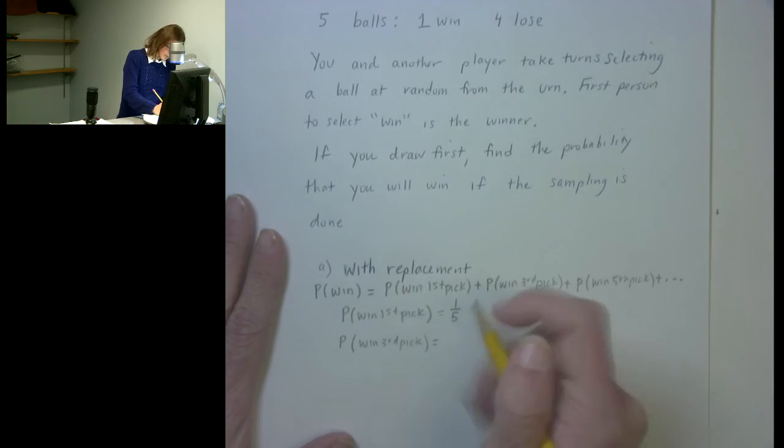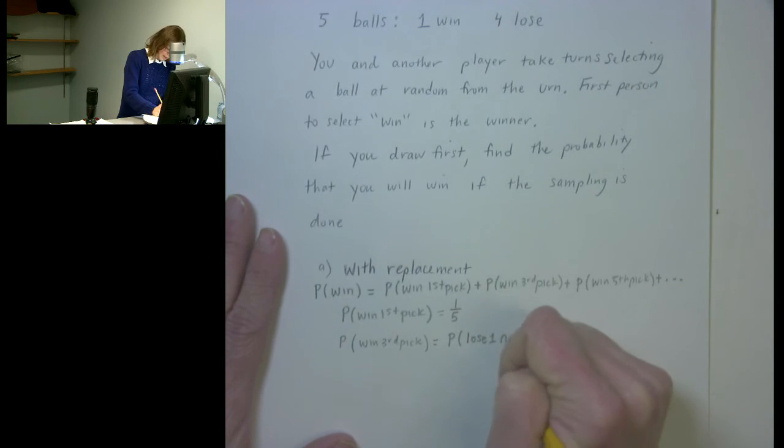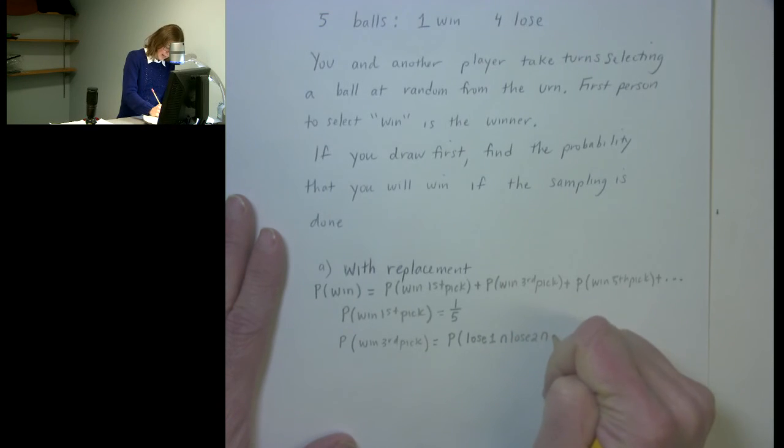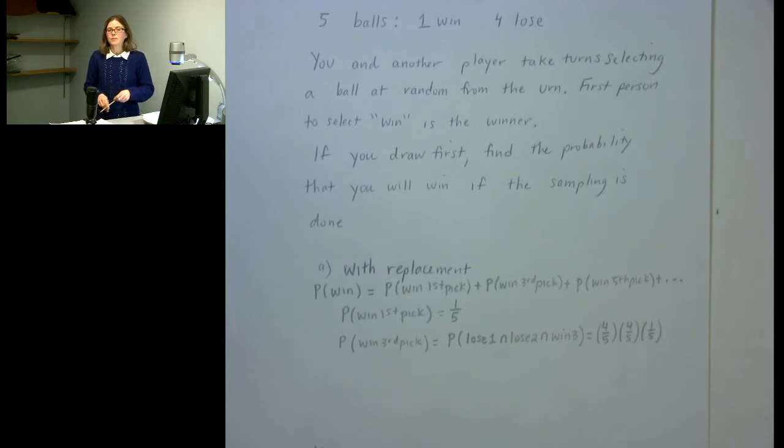So this is the probability of losing on the first pick, losing on the second pick from the other person, and winning on the third pick, which, because we have independent events, is 4/5 chance of losing on the first one, times 4/5 on the second one losing, times 1/5 on the third one winning.